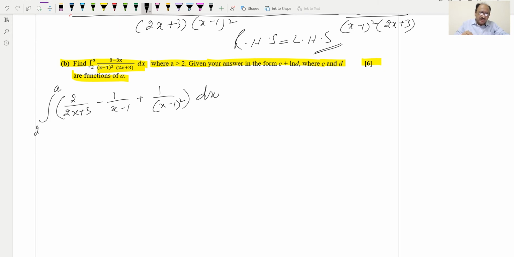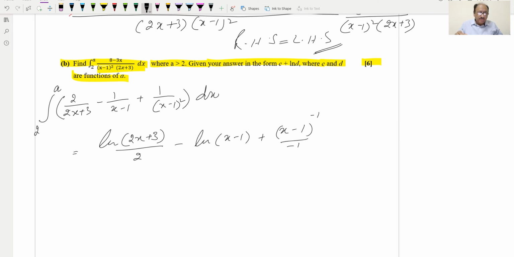Now we can take the integral. The integral of the first term will be log of 2x plus 3 divided by 2, minus log of x minus 1, plus the integral of the last term, which will be x minus 1 raised to the power minus 2 plus 1, which is minus 1, divided by minus 1.